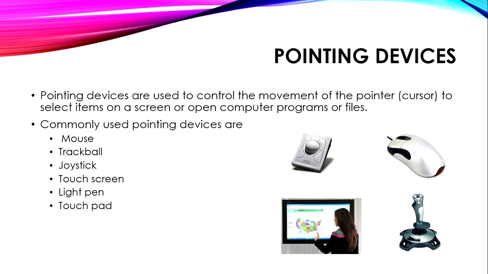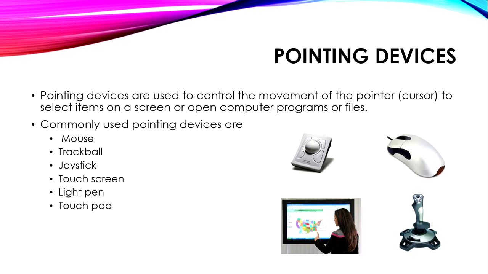The next is trackball. Trackball remains stationary on the surface. The ball at the top is rolled with the fingers. It has buttons that are used to perform operations similar to those performed by a mouse. Next, joystick. Joystick is commonly used for playing computer games.